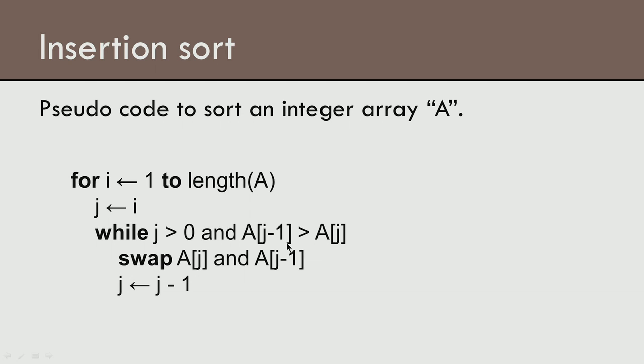The most important thing to notice here is that a comparison is made between the elements of the array A, the j minus 1th indexed element and the jth indexed element. If we assume that A is an array of integers, then there is a very clear understanding of the result of a comparison between two integers. This is highlighted in blue.